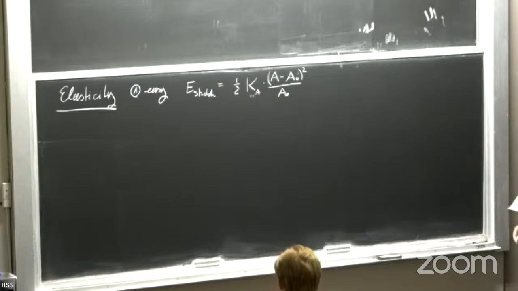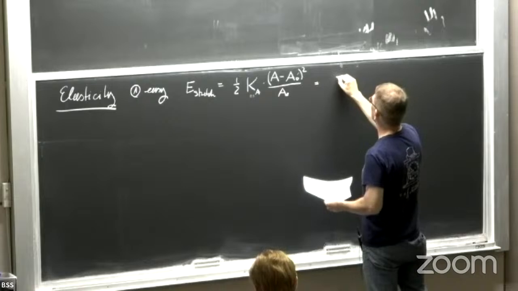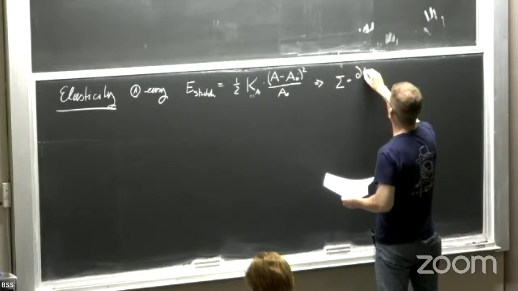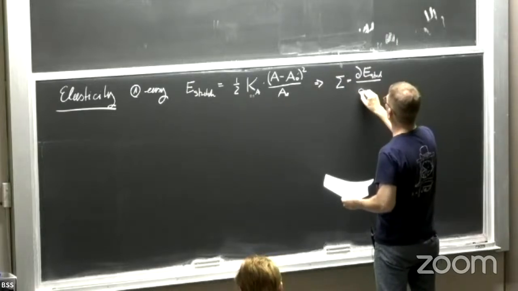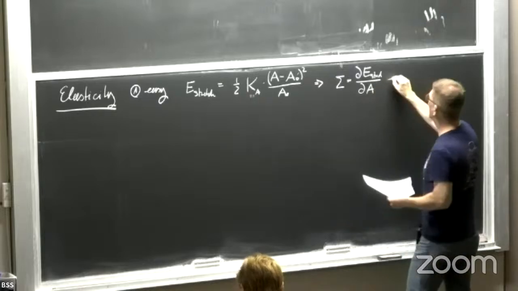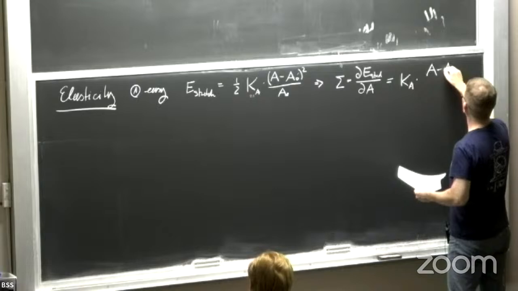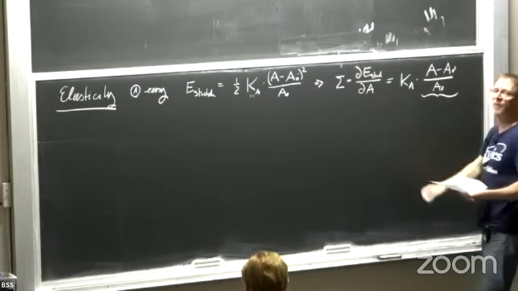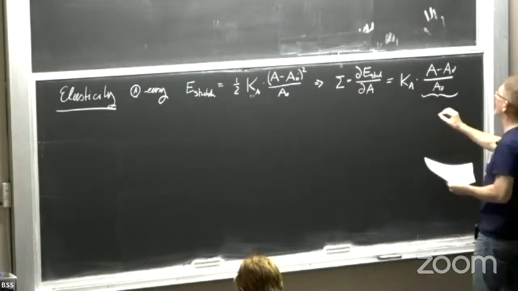It's a quadratic function, which you can see by saying, okay, the stress in the system, sigma, is the derivative of that energy by the area, and you get Ka times (A minus A naught) over A naught. (A minus A naught) over A naught is the relative change in area, so that's the area strain.